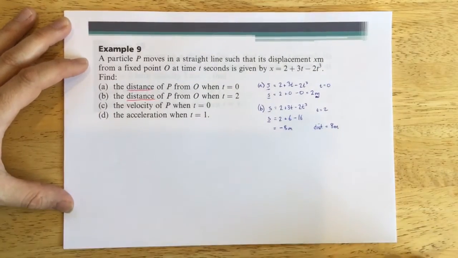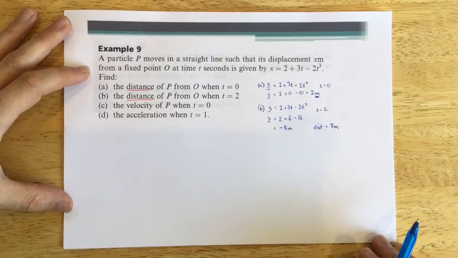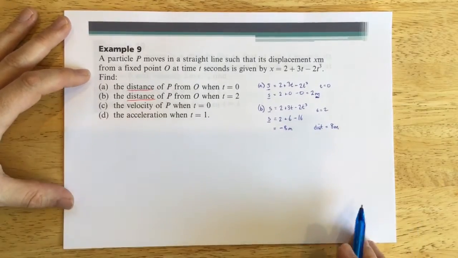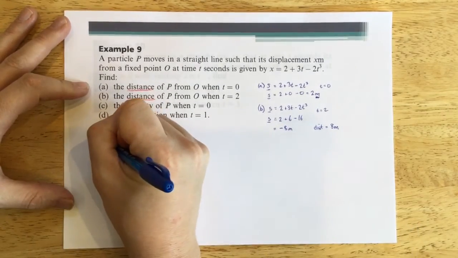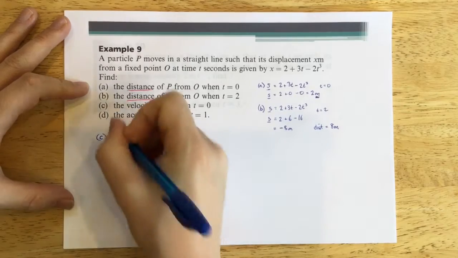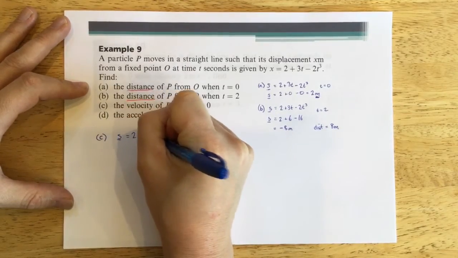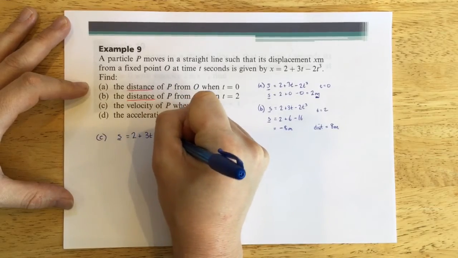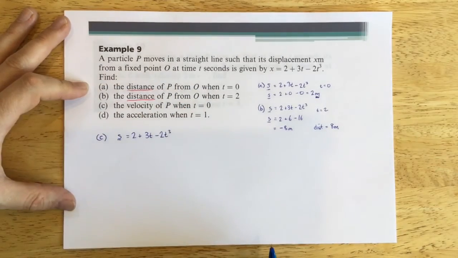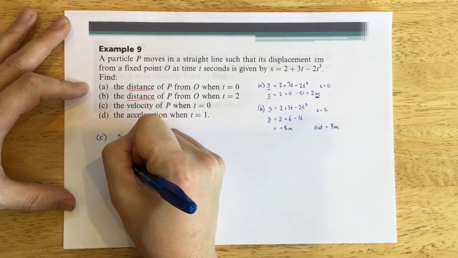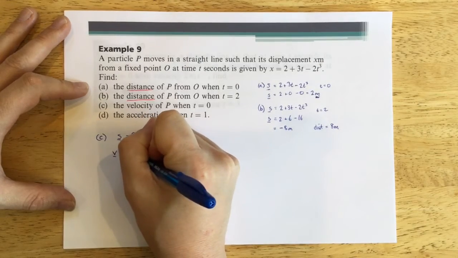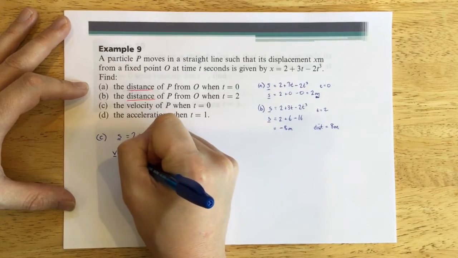Now, part C, the velocity of P when t equals 0. Well, again, we know s is equal to 2 plus 3t minus 2t cubed. If I want the velocity, I'm going to differentiate s with respect to time.